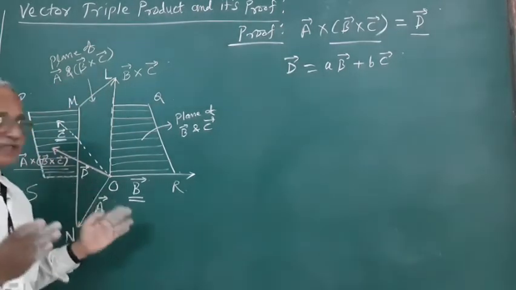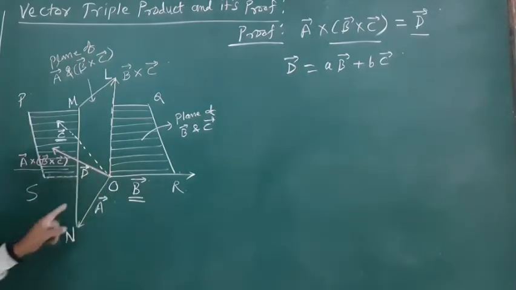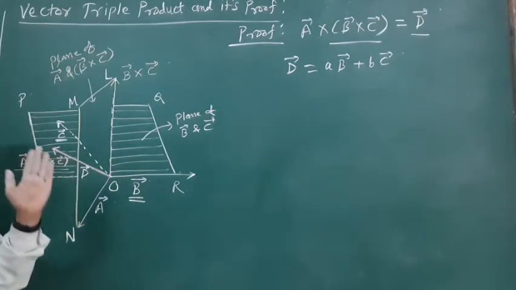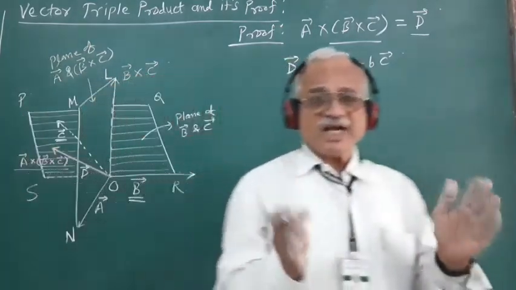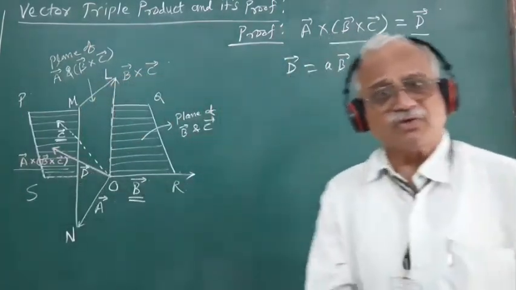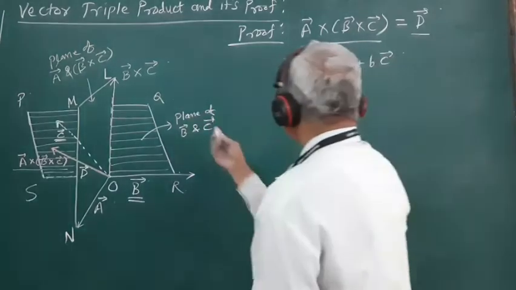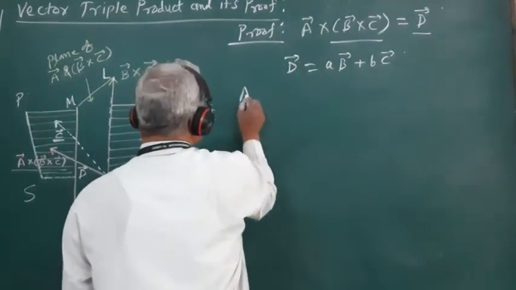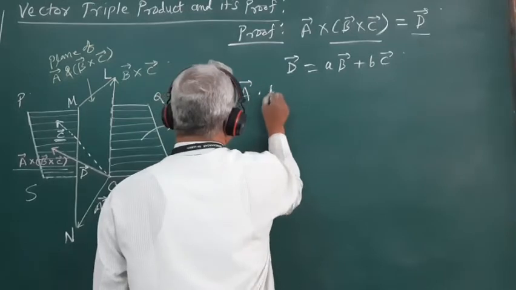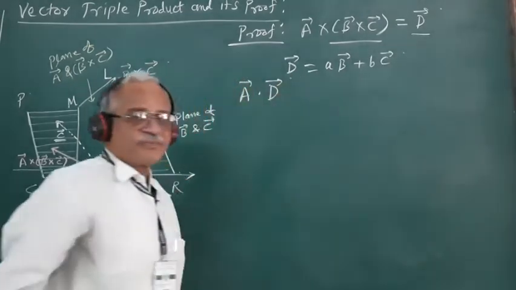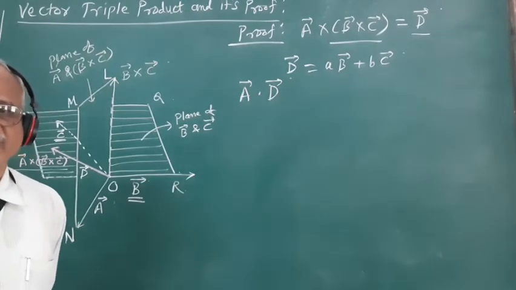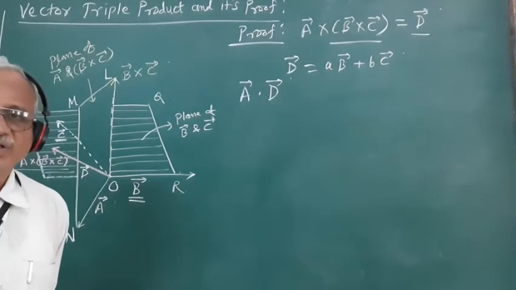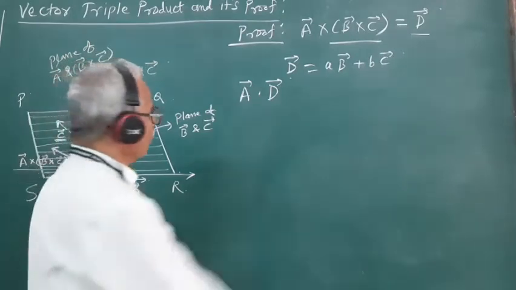So the two vectors A bar and D bar are mutually perpendicular to each other, and what we can write is the most important property that we have studied for the dot product of two vectors, that if the two vectors are perpendicular to each other, then their dot product is equal to 0.